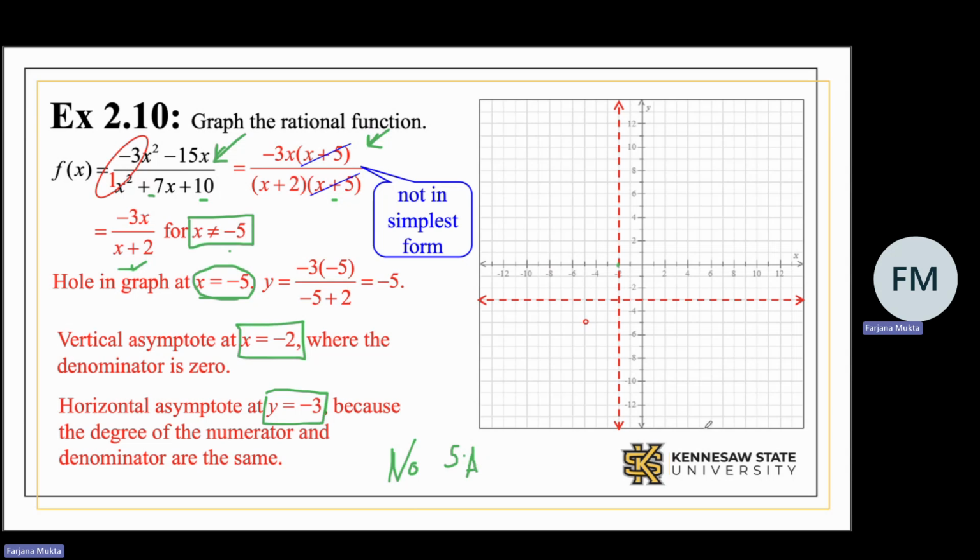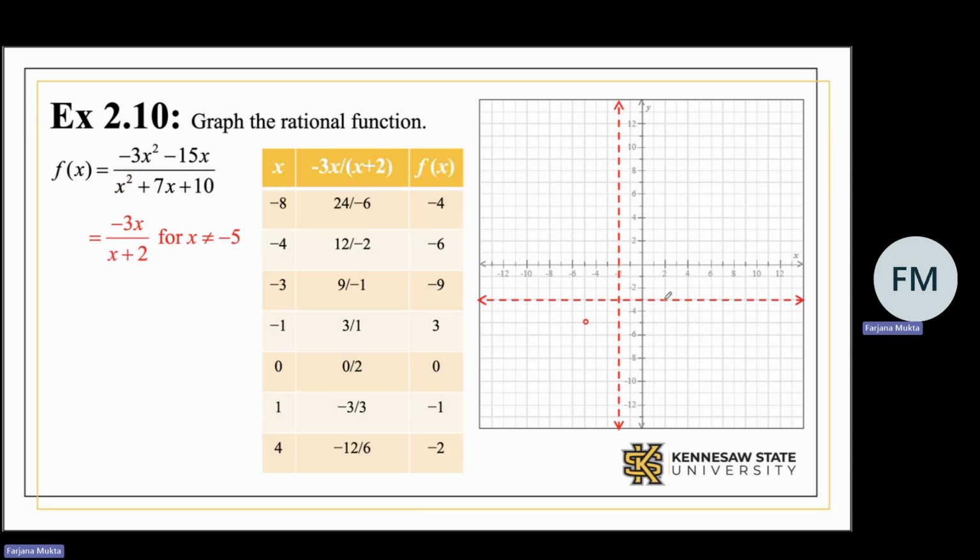Now we'll try to graph it again. We'll pick some points for x from the left and right of the vertical asymptote. That will help us to know how the graph is going to look on both sides. Here I have found some ordered pairs by picking some x values from the left and the right.